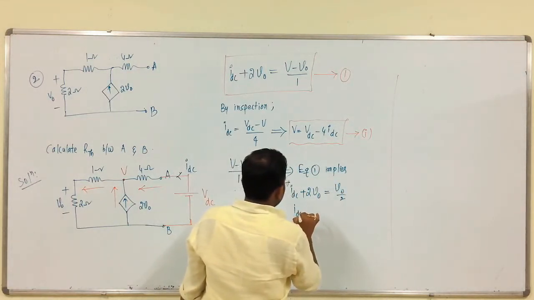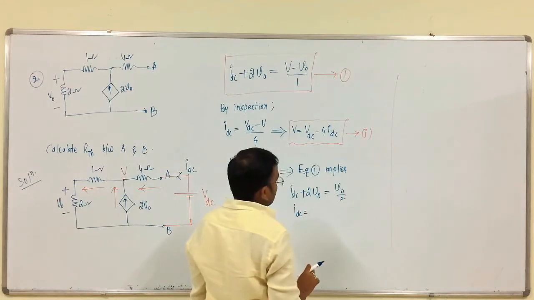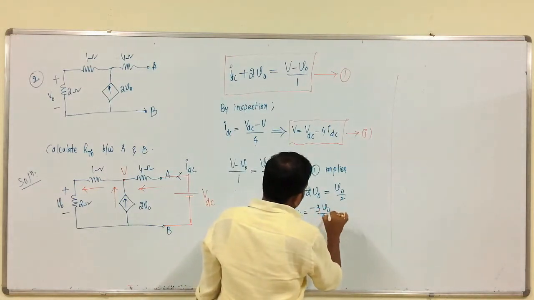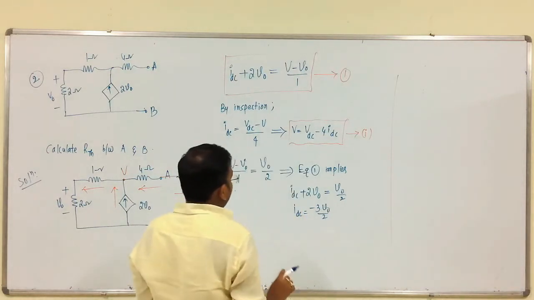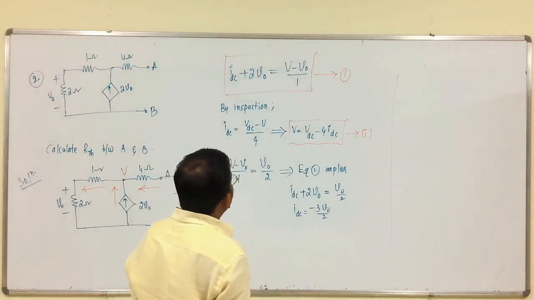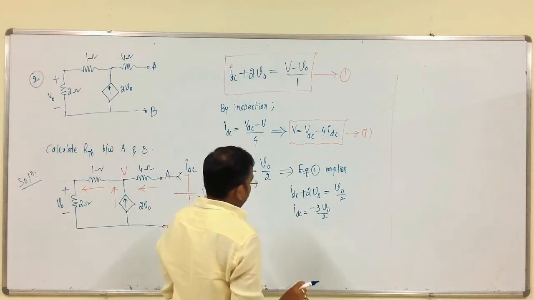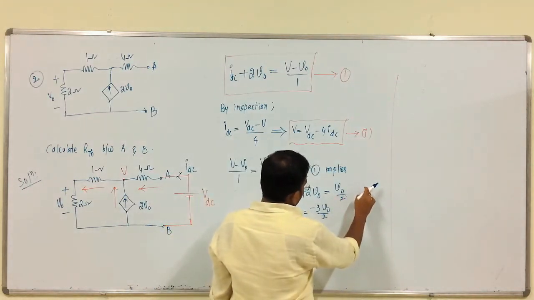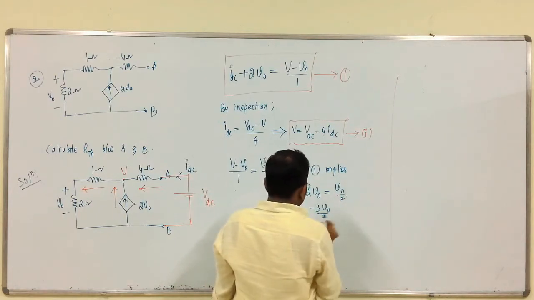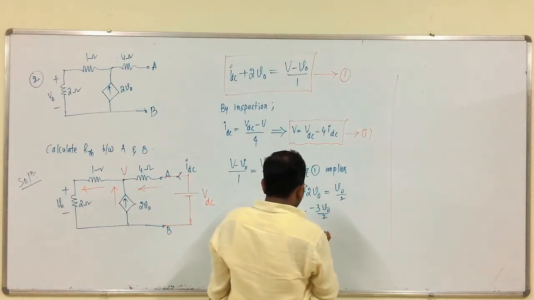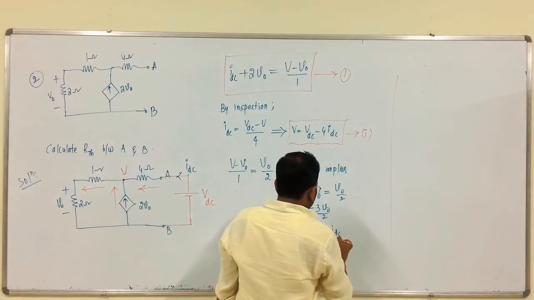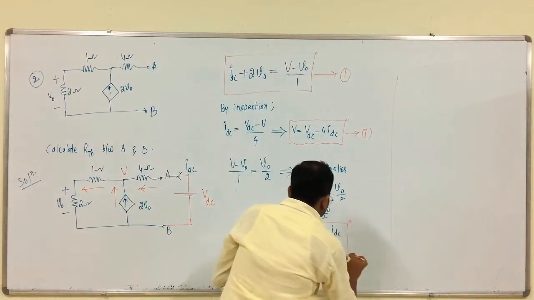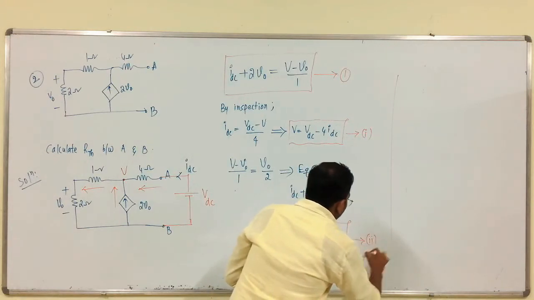From this IDC is equal to V naught by 2 minus 2 V naught minus 4 V naught, that is it. So, from this V naught is equal to minus 2 IDC by 3. This is equation 2.